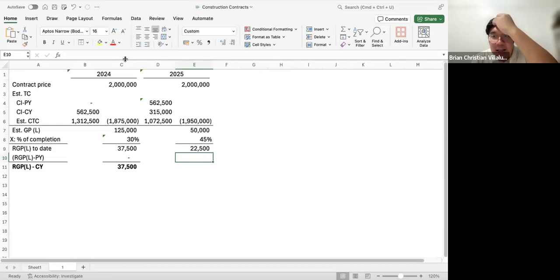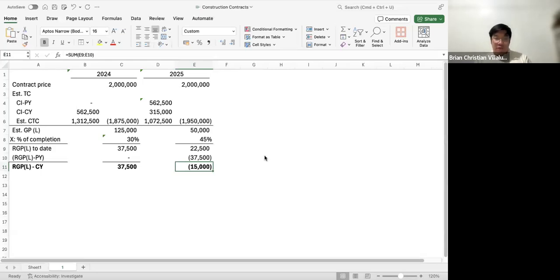So, kailangan nating tanggalin yung pang 2024. So, that would be equal to 37,500. Magkano ang i-recognize natin na realized gross profit or loss for 2025? That would be 15,000.